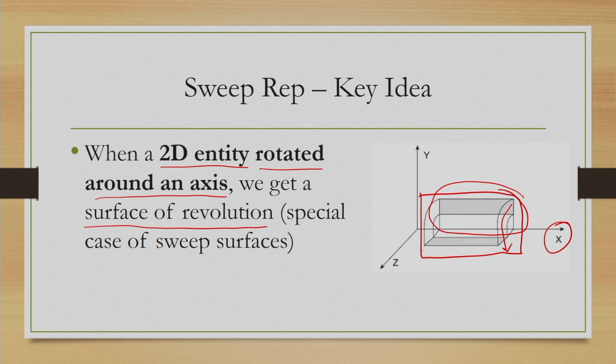So, here again we are not actually specifying the object in terms of its bounding surfaces or the space occupied by it, but in terms of a primitive object, in this case a rectangle, and the axis and the direction of revolution. So, this type of representations are known as surface of revolution.